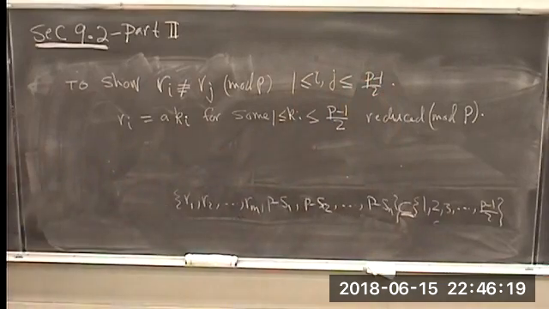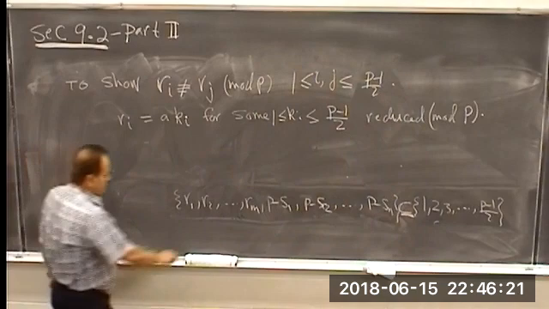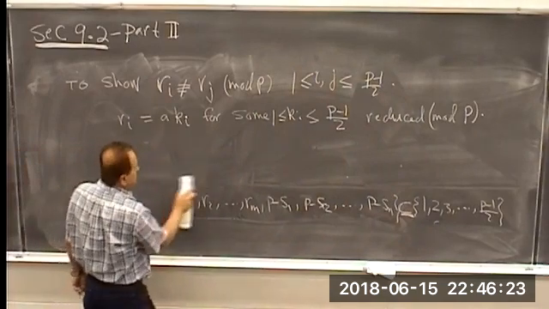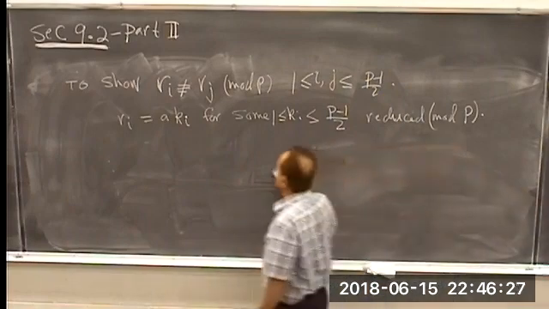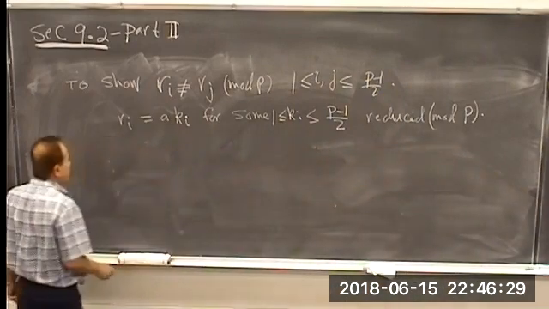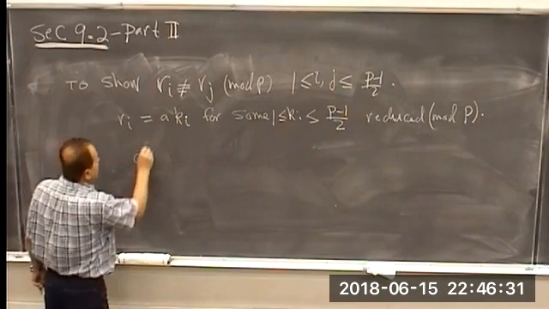So let's assume that they are; in other words, we have a k sub i.